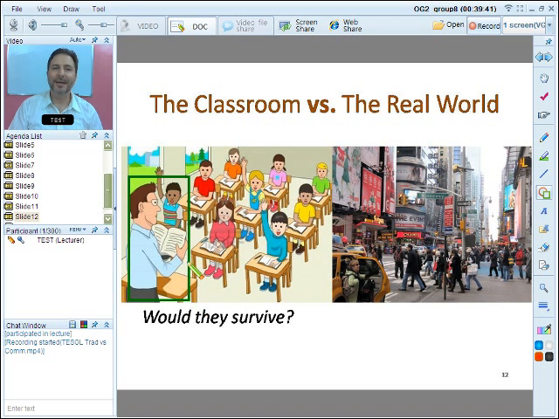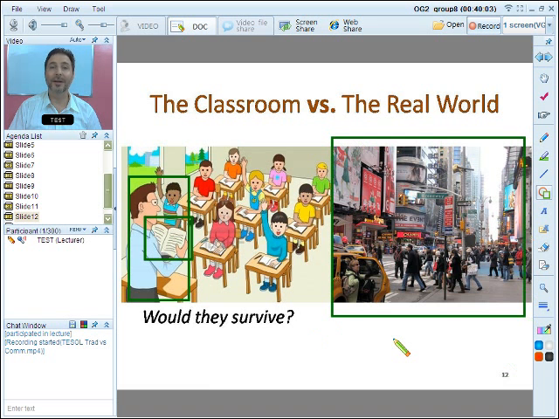However, he's teaching them about English, verbs and nouns and prepositions and adjectives and adverbs, and they can answer the questions and pass the tests. But this teacher may not have been preparing those students to function out here in the real world.